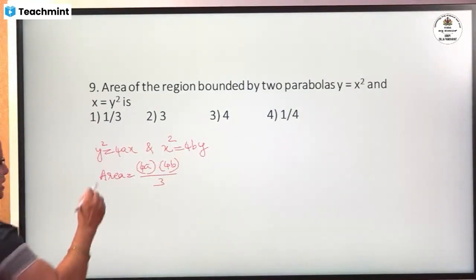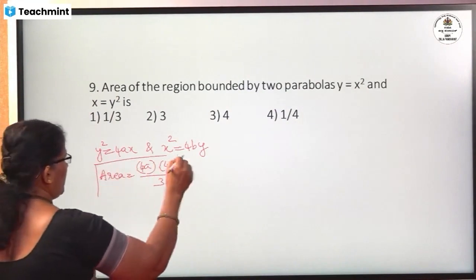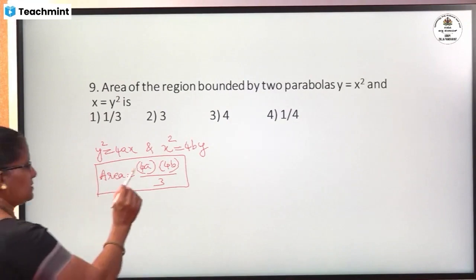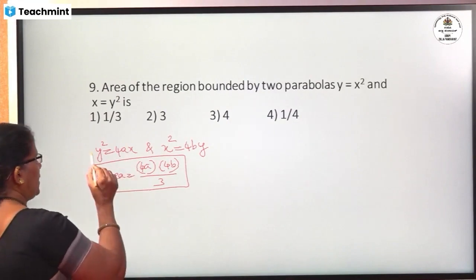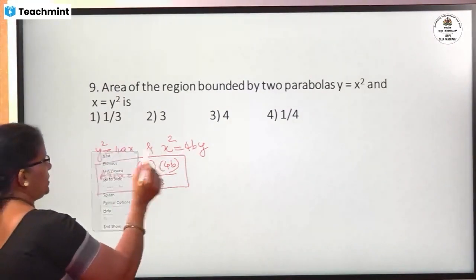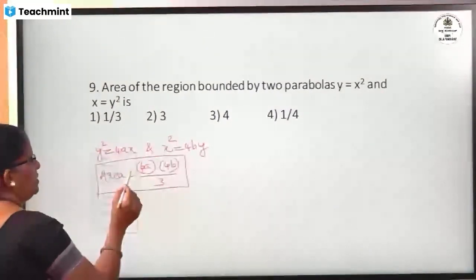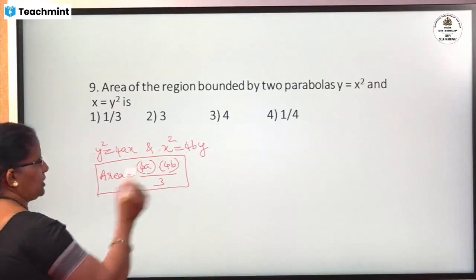What is area? 4a into 4b divided by 3. When is this formula valid? Your y quadratic coefficient should be 1. Your quadratic coefficient should be 1. And linear coefficients, you should take the product.